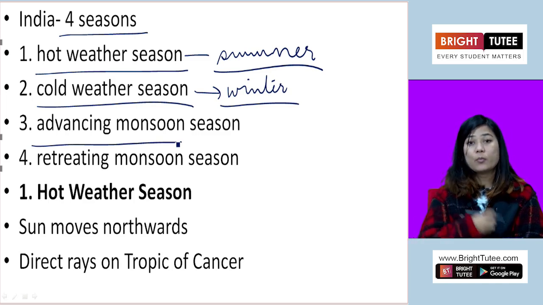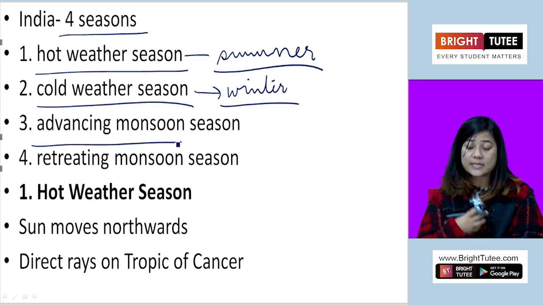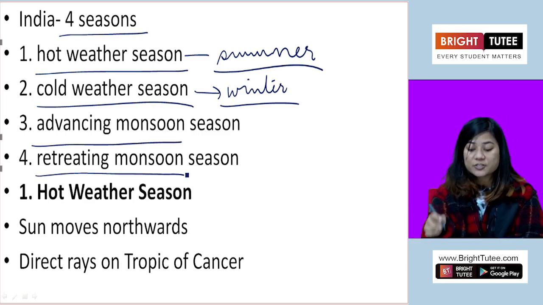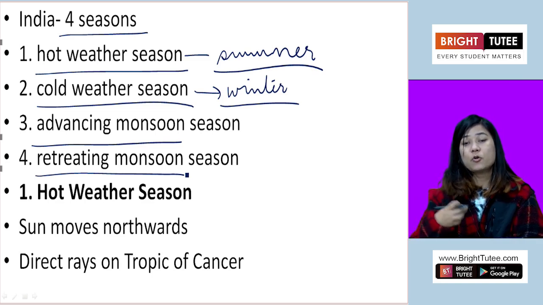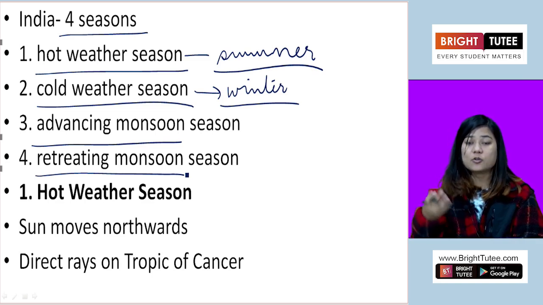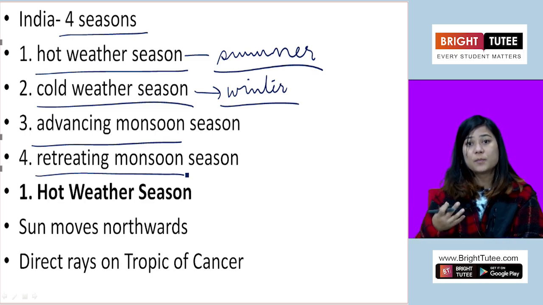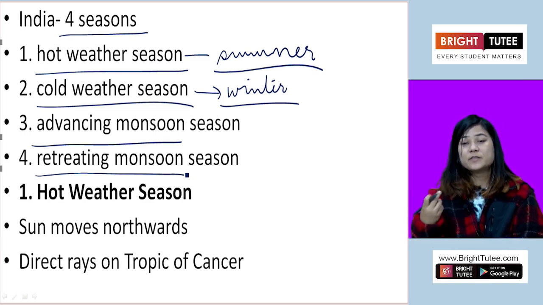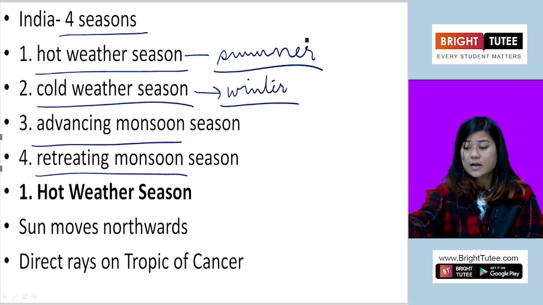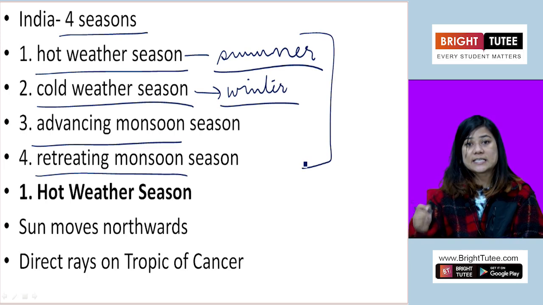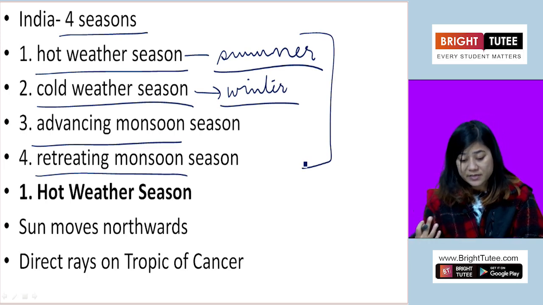That's the time when the rain is experienced in parts of India. The fourth is the retreating monsoon season. That is the time when the monsoon or the rain ends, and different areas stop experiencing rainfall. So these are the 4 different seasons that India experiences.